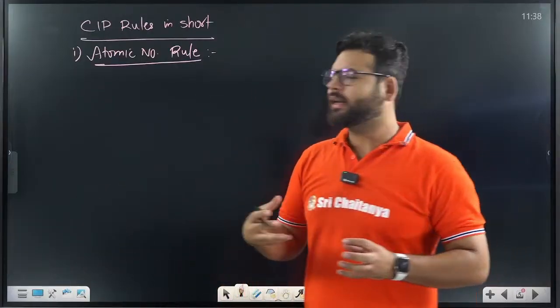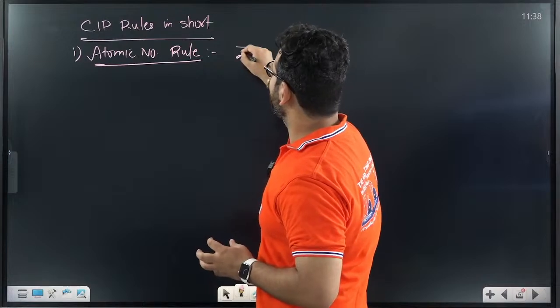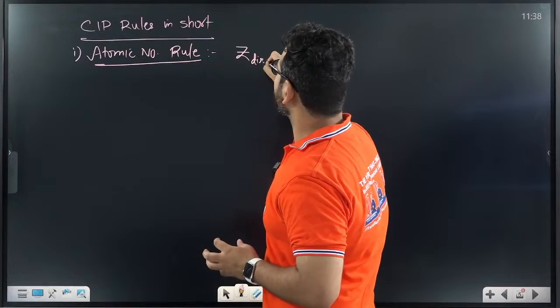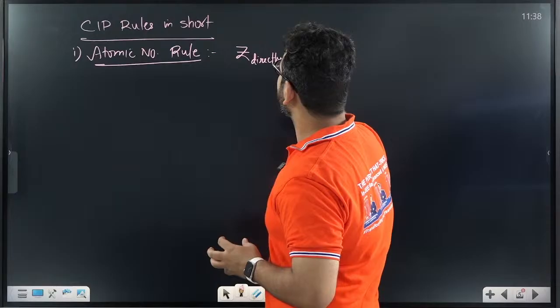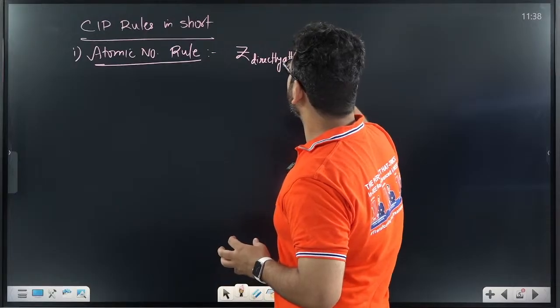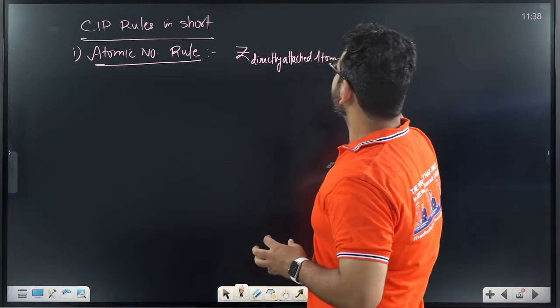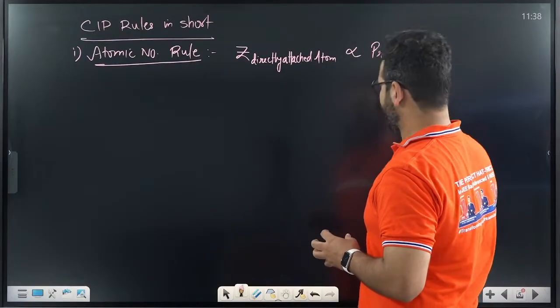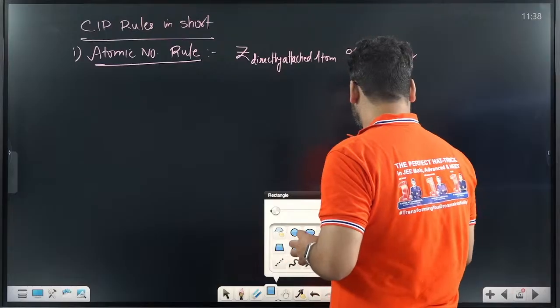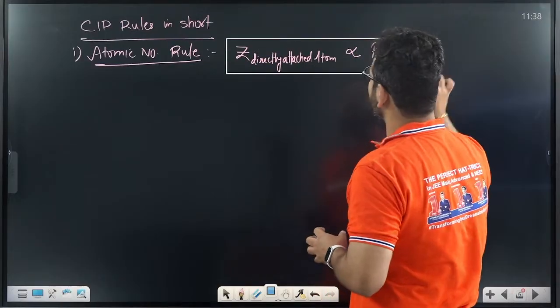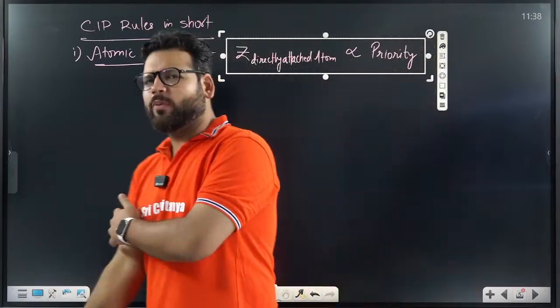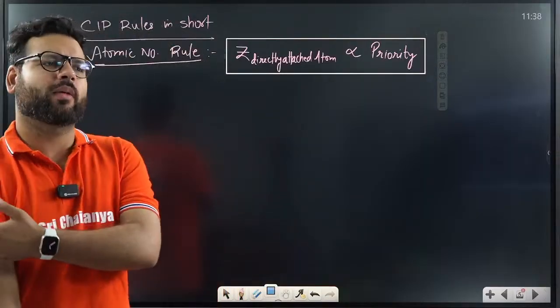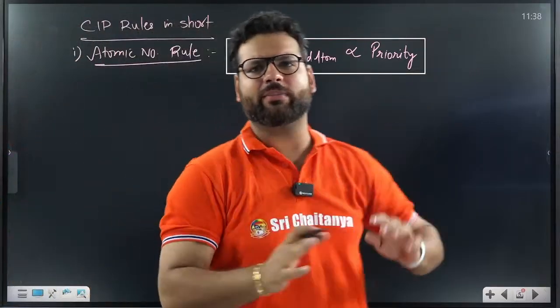Atomic number of the directly attached atom is directly proportional to priority. That is the first rule. 90% of the questions can be done by the first rule only.